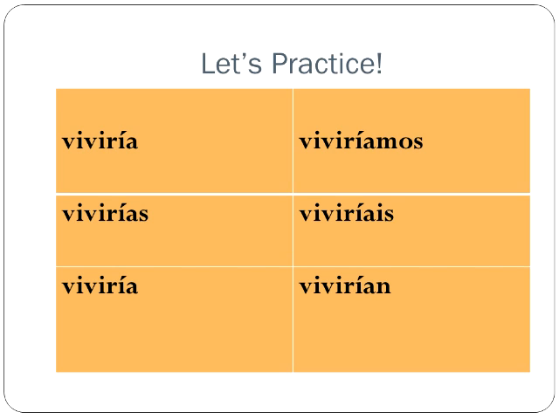Okay, so let me just quickly go over. So we should have these endings: viviría, vivirías, viviría, viviríamos, viviríais, and vivirían. Okay? So just make sure you check your work. You're including the entire verb, and then you're adding the endings.